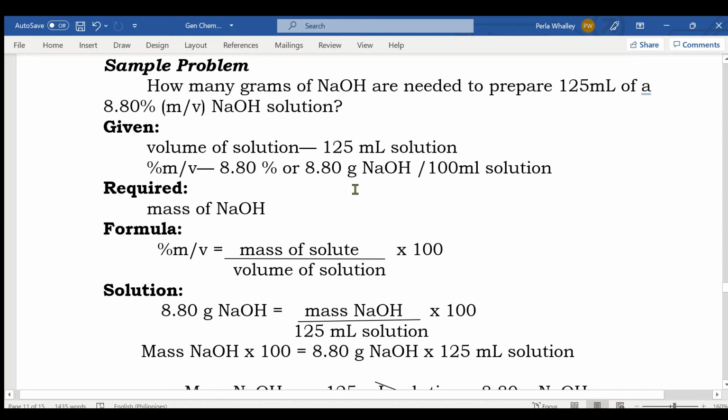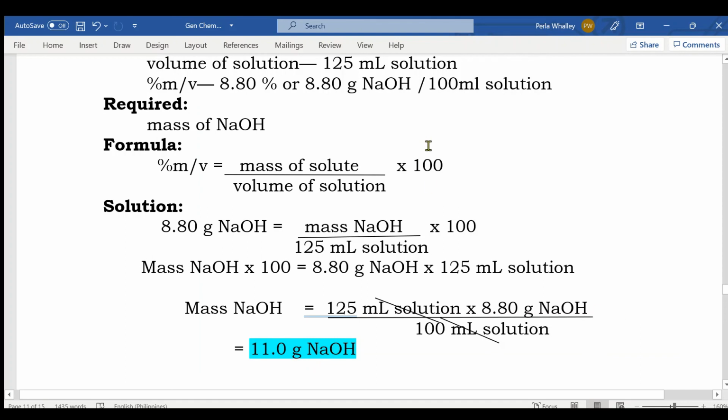Given: volume of solution is 125 ml. Percent m over v is 8.80, or 8.80 grams sodium hydroxide per 100 ml of solution. Required: mass of sodium hydroxide. Formula: percent m over v is equal to mass of solute over volume of solution times 100.